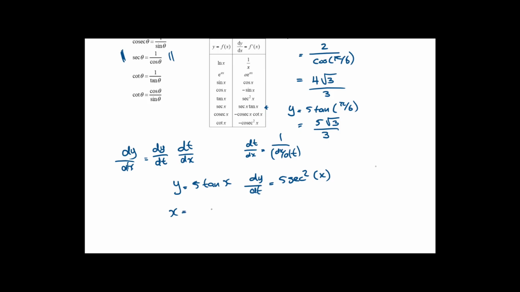And if x is, what is x? 2 secant of t, then dx/dt must be 2 secant t tan t. So dt/dx must be equal to 1 over 2 secant t tan t.